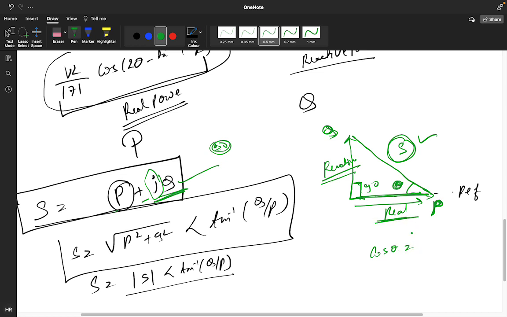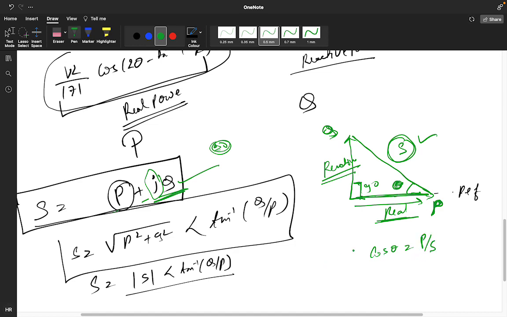So this is your base, the real power. Base by hypotenuse means we will get P by S.